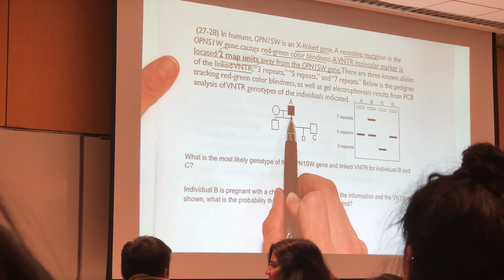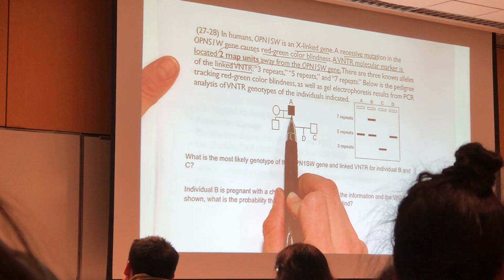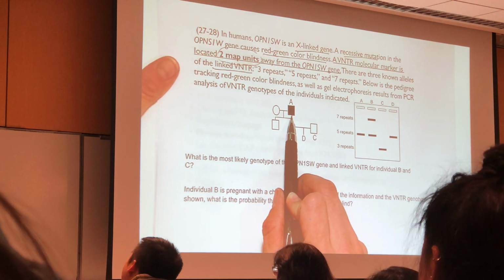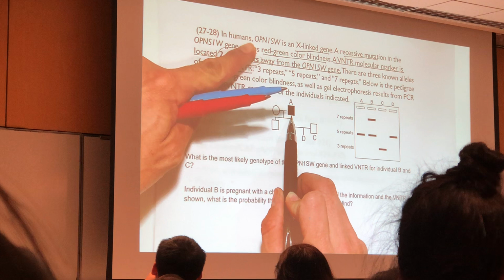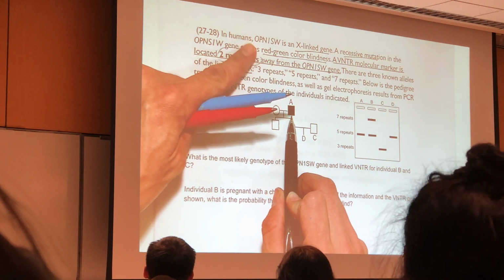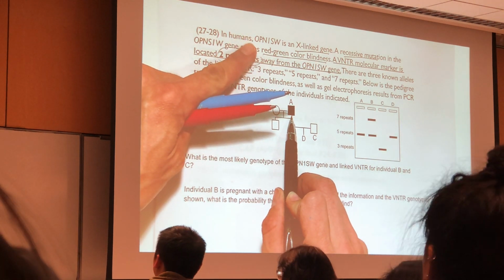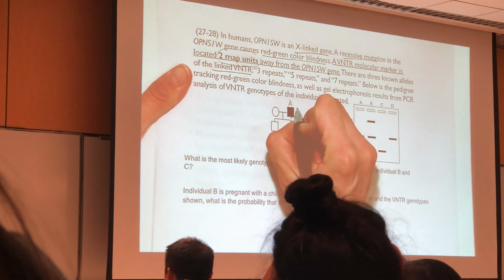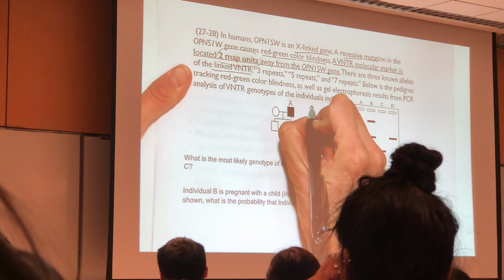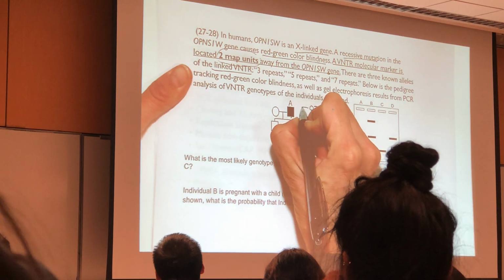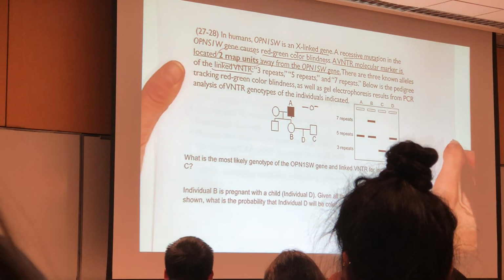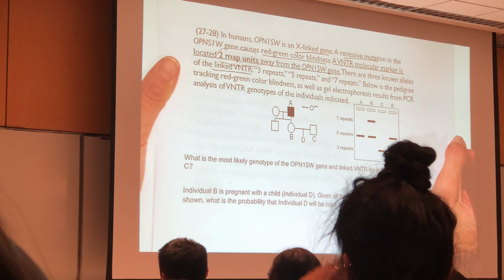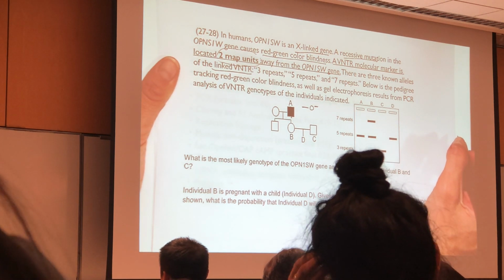Individual A has how many X chromosomes? 1. What's the OPN1 allele on that X chromosome? Recessive null, right? They're colorblind. So this person on their X chromosome has O minus, and that's linked on that same homolog to a VNTR.